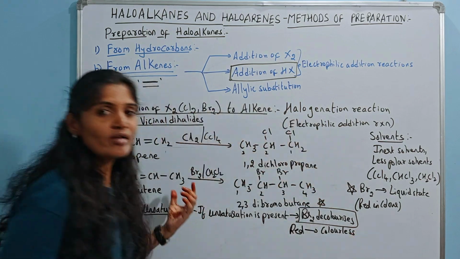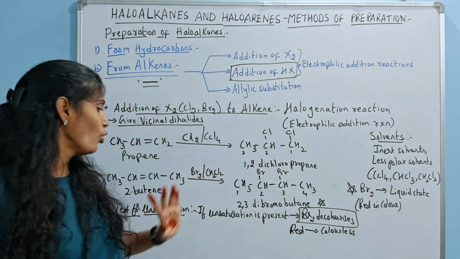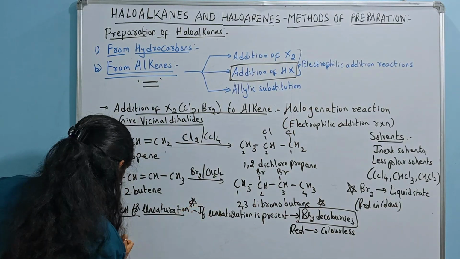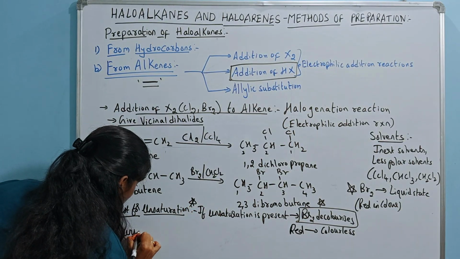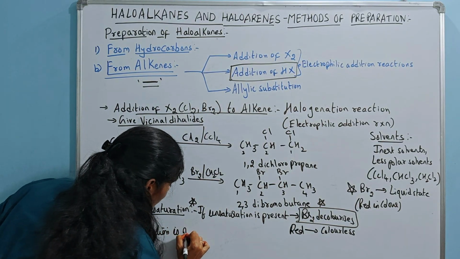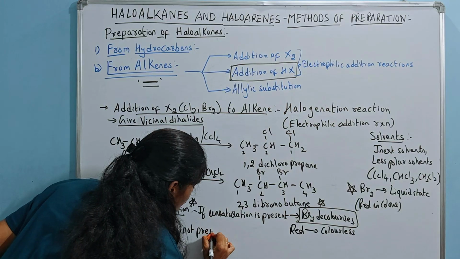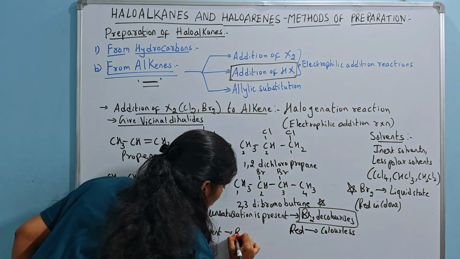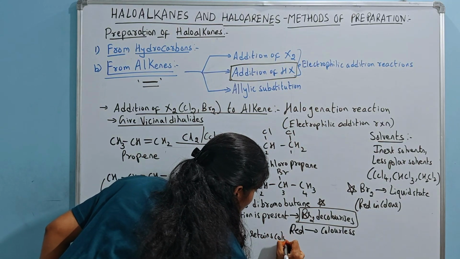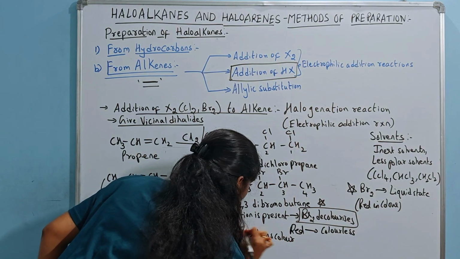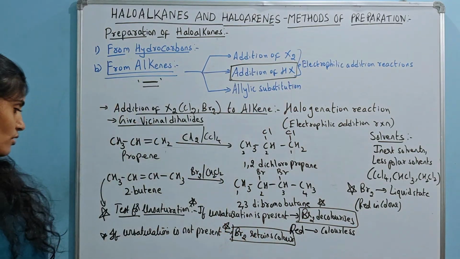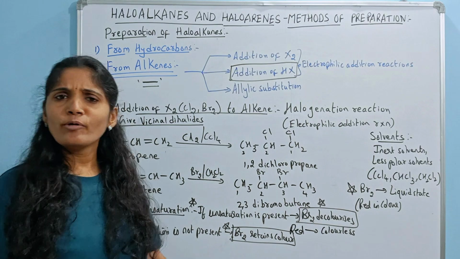If in the compound unsaturation is not present, bromine retains the color.